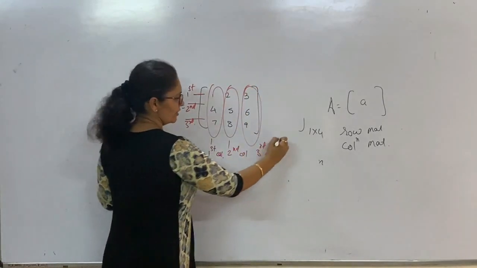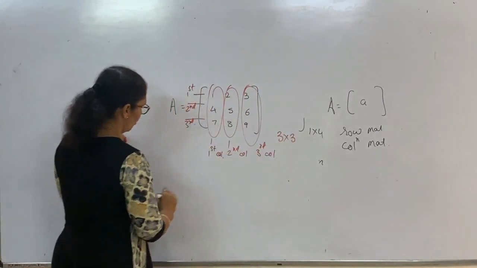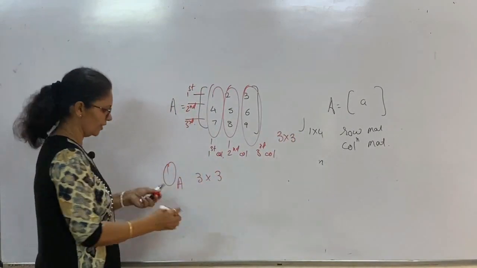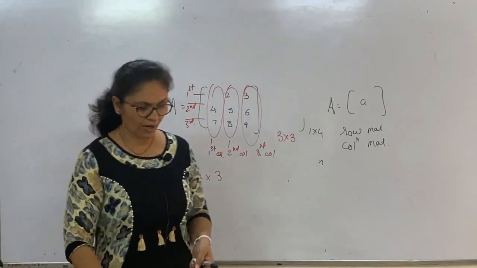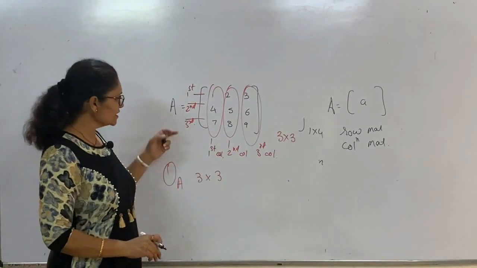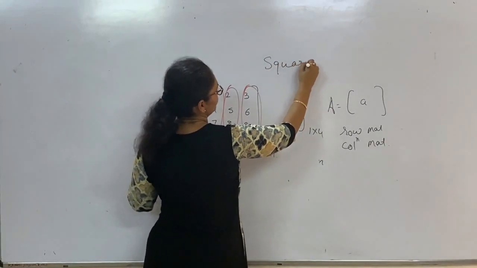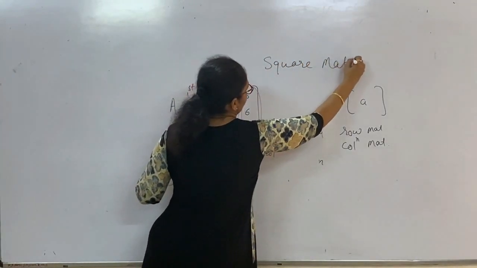So this matrix is 3 by 3. What is the order of matrix A? That is 3 by 3. So when the number of rows and columns are the same, this matrix is called a square matrix.